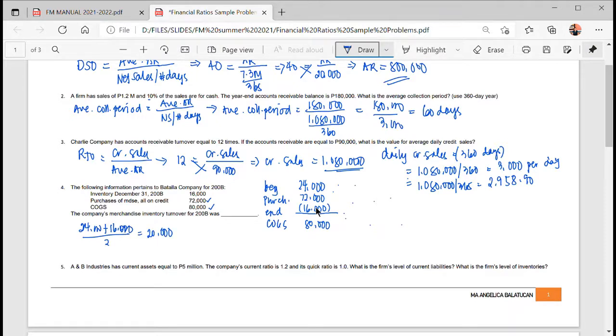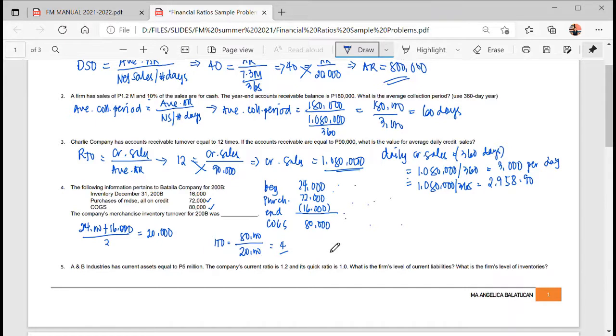So therefore, can we now solve for the inventory turnover? That's cost of sales, 80,000 divided by average of 20. So therefore, the answer is 4. Somebody actually got it correct earlier. I think that was Sidori, if I'm not mistaken. So that's actually 4.